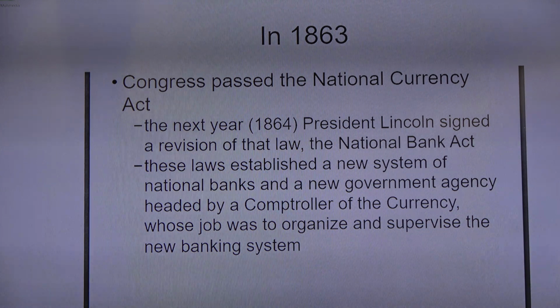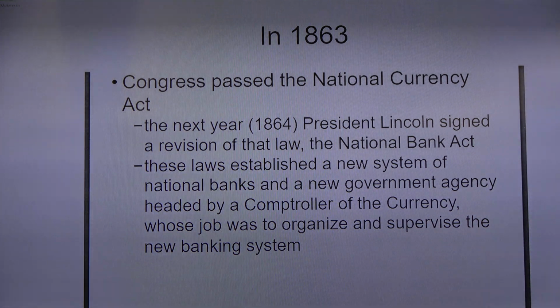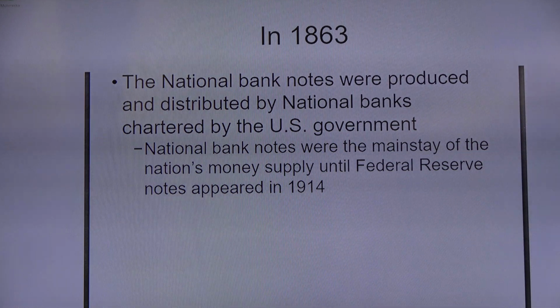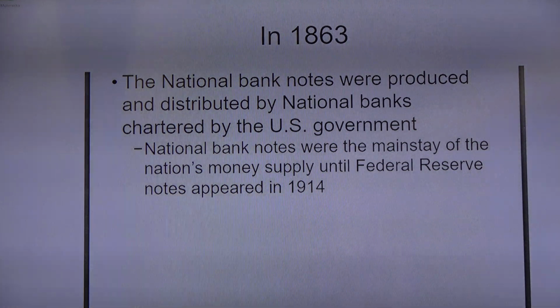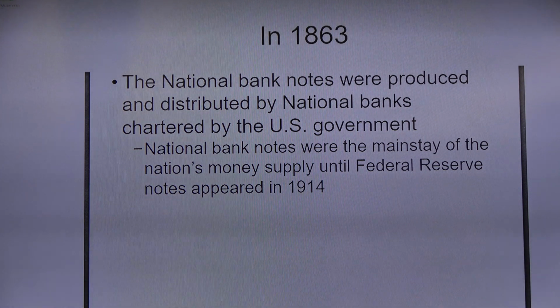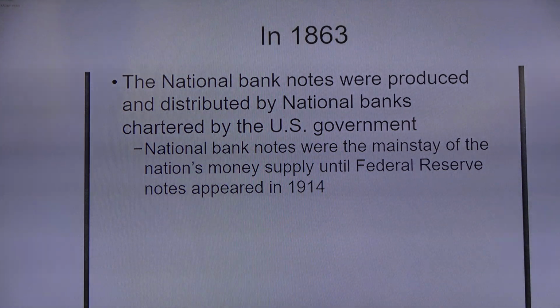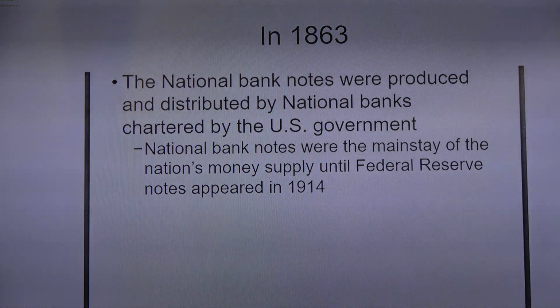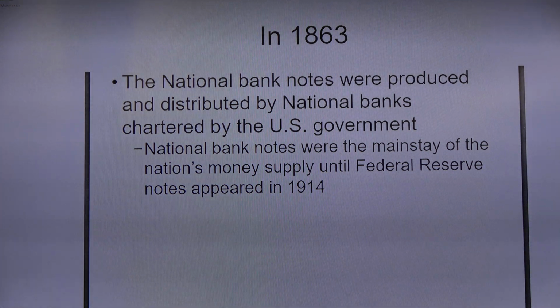So a little bit more regulation going on. The national banknotes were produced and distributed by national banks chartered by the U.S. government. So they had to be a national bank. There are some state chartered banks, there's some national banks.